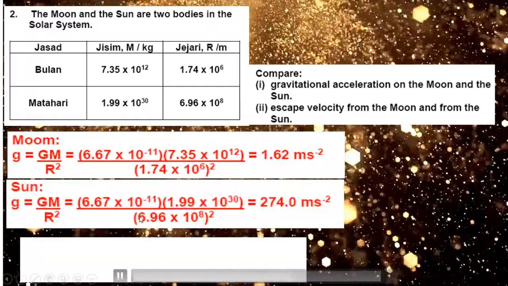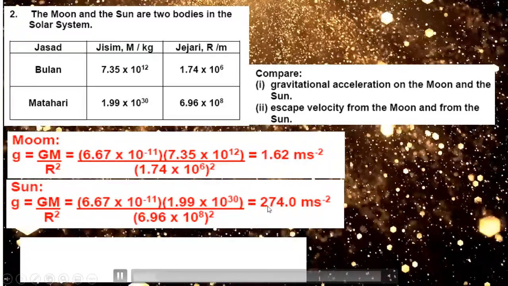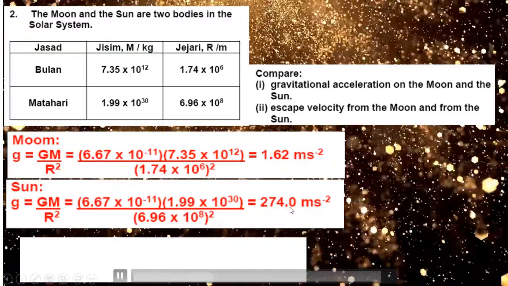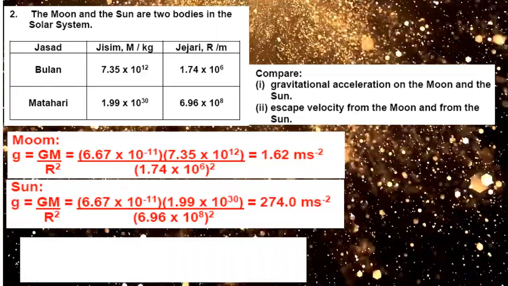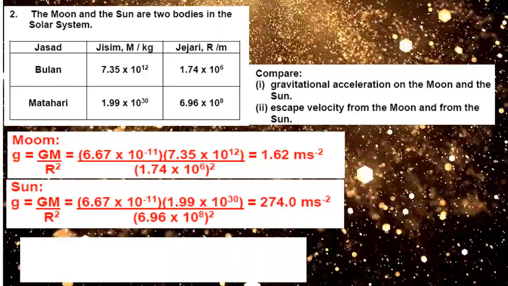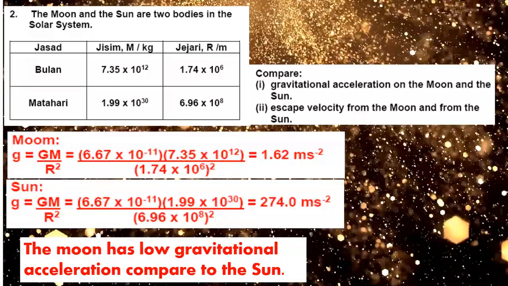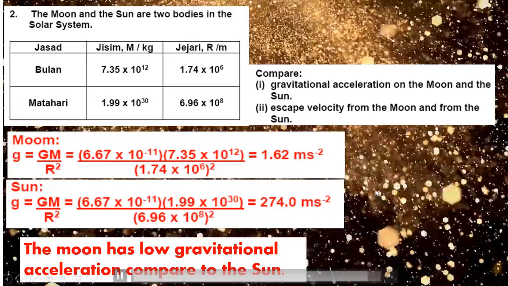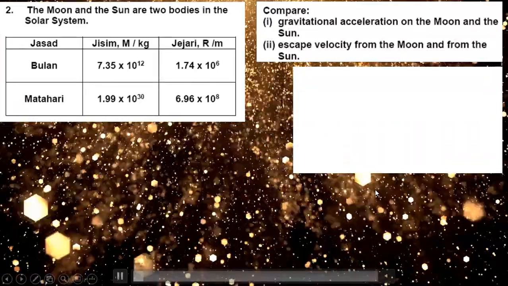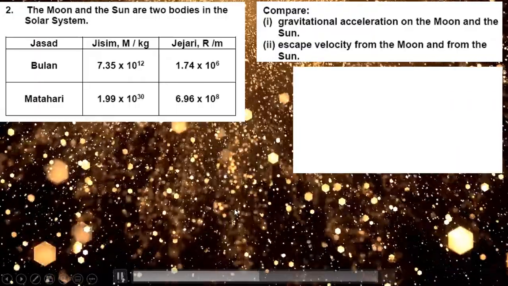For the sun, you do it just like just now, and you get the value 274.0 meters per second squared. I think on our Earth it is 9.81 meters per second squared. So here the moon has a low gravitational acceleration compared to the sun because its mass is lower and the radius is also lower. Now calculate the escape velocity from the moon and from the sun.